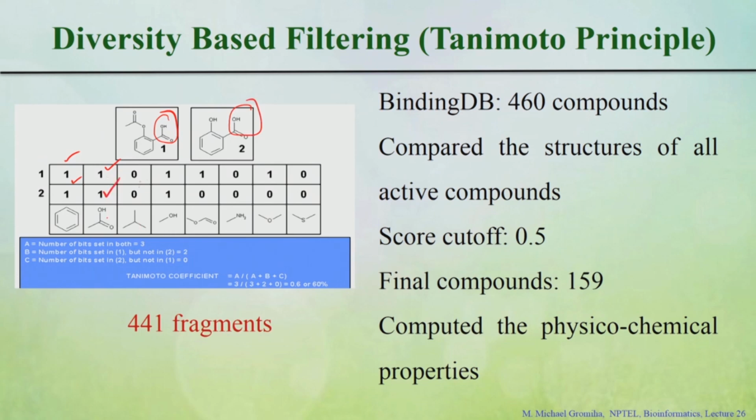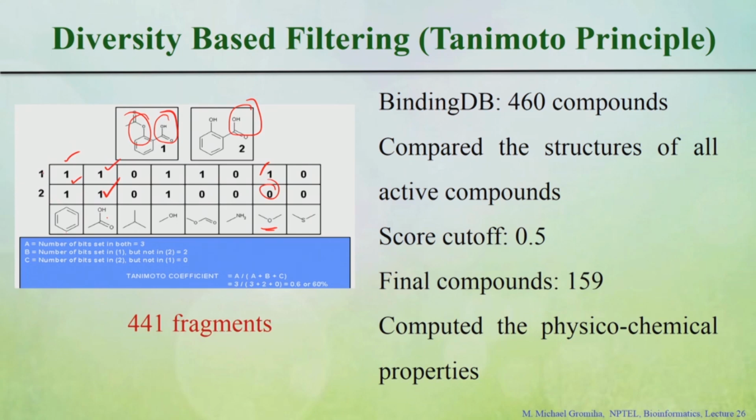Then this one is not available in both. Then take this type of group, this O is here, right, here yes, but here no, so put 0. So, for any group you put 1 if it is present, and 0 if it is not present, right, for 1 and 2.